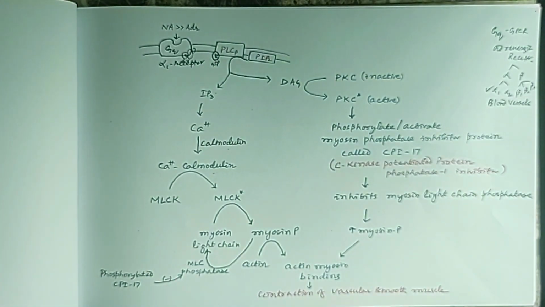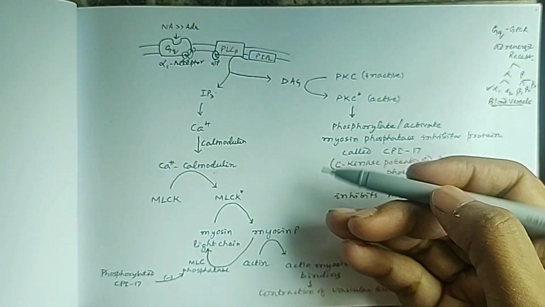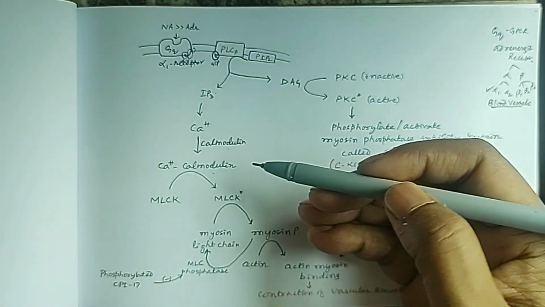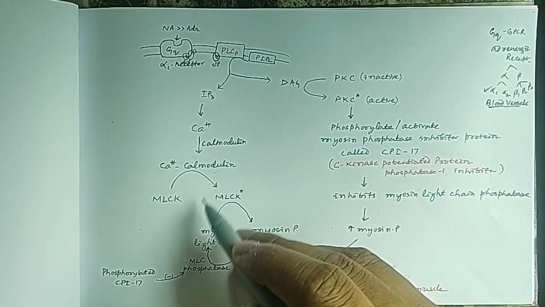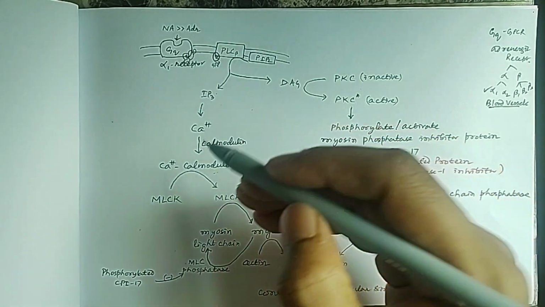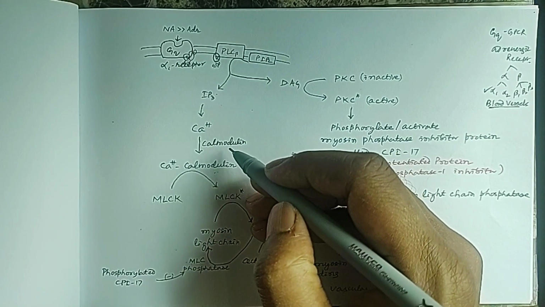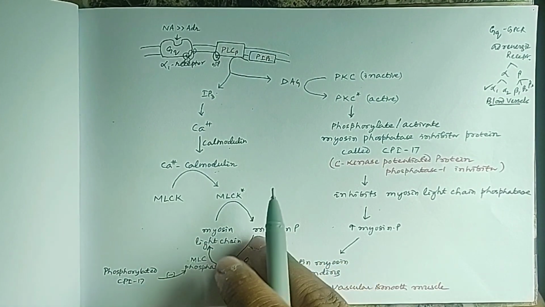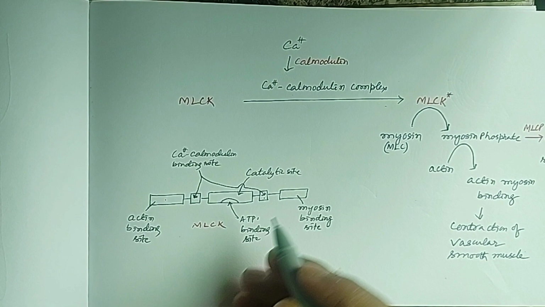The alpha-1 receptor is present in the blood vessels, the vascular smooth muscles, and in the vascular smooth muscles there is a protein called myosin light chain kinase, which is activated. How is it activated? Calcium binds with calmodulin to form calcium calmodulin complex, which activates myosin light chain kinase.